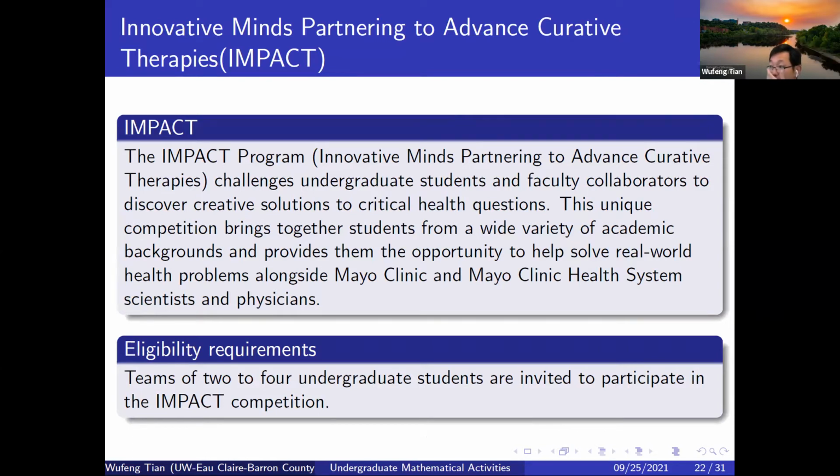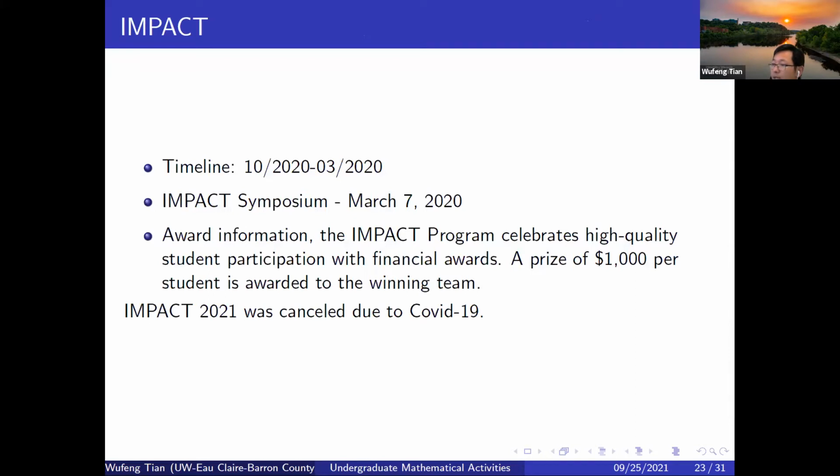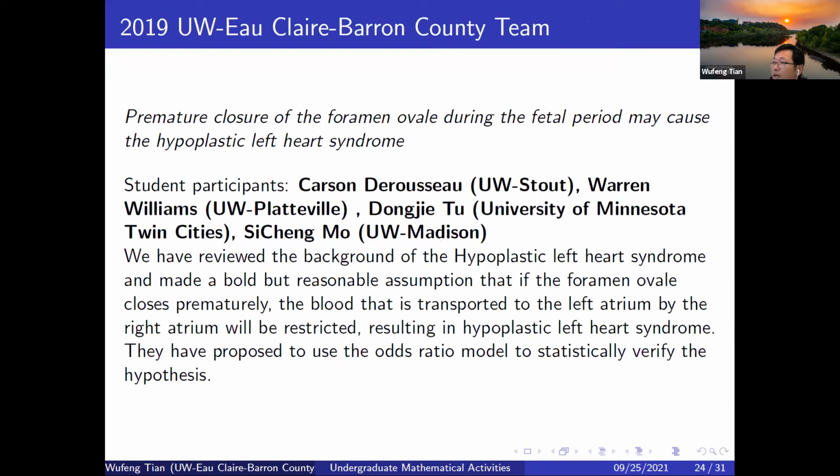Students will do some research and write a paper about the solution to this problem. The students are invited to present their idea at Mayo Clinic at Eau Claire. Last year was canceled, but we did participate in the previous 2 years.